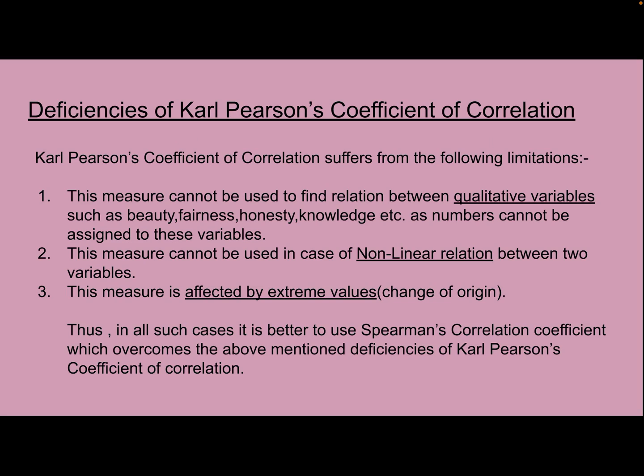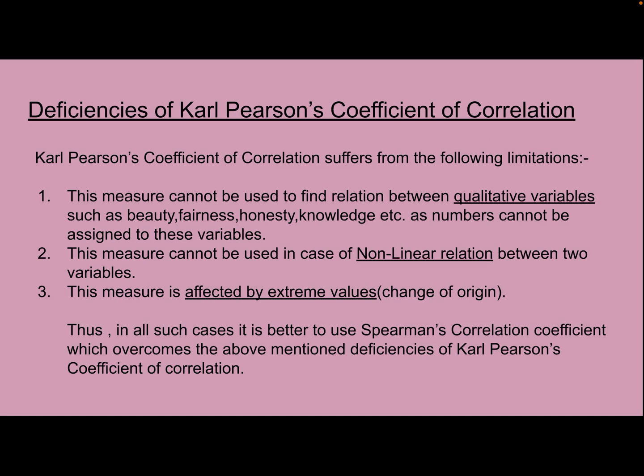We come back to the last topic, deficiencies of Karl Pearson's coefficient of correlation. Students, this method of Karl Pearson suffers from these three limitations. Let's see. Number 1, this measure cannot be used to find relation between qualitative variables such as beauty, fairness, honesty, knowledge, etc., as numbers cannot be assigned to these variables.